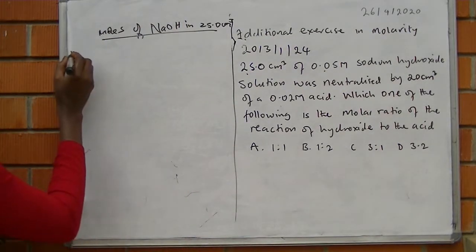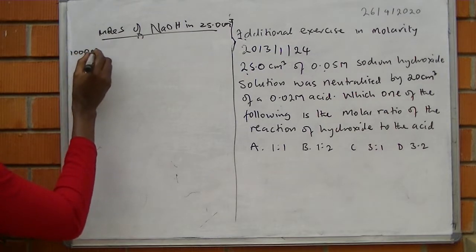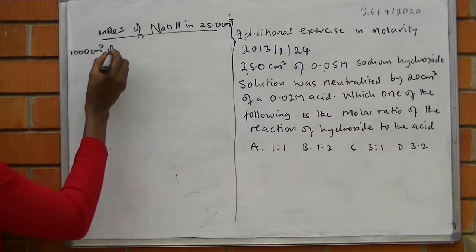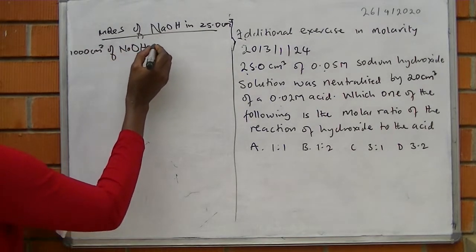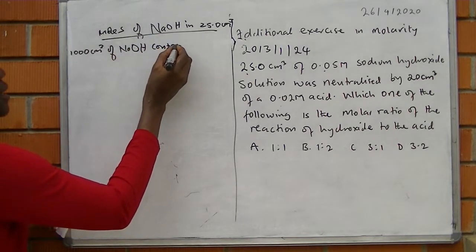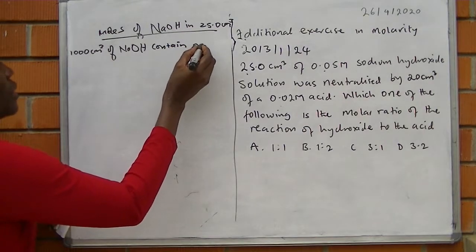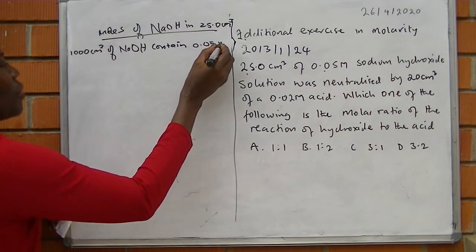Therefore, 1,000 cubic centimeters of sodium hydroxide solution contain 0.05 moles.